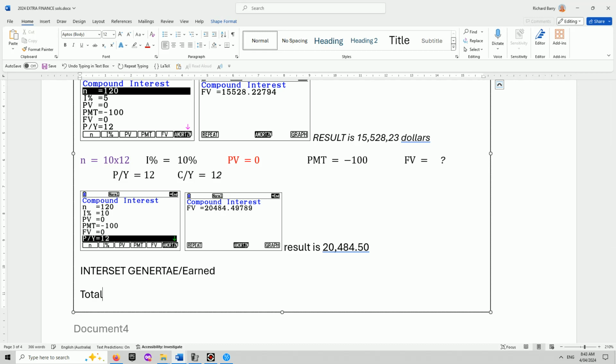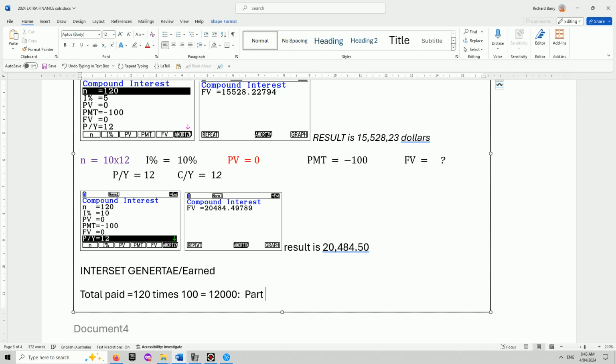So the total paid was equal to 120 times 100, which is probably equal to 12,000.